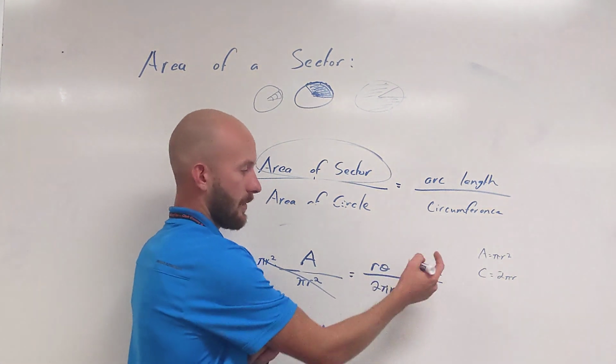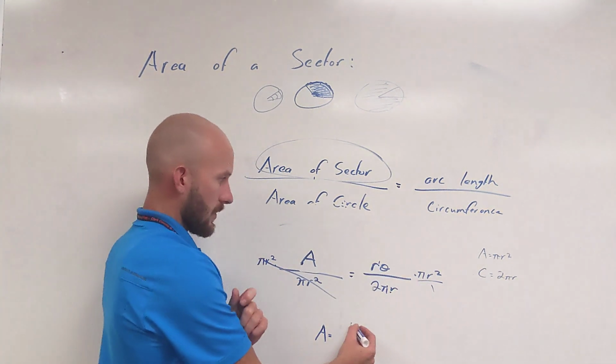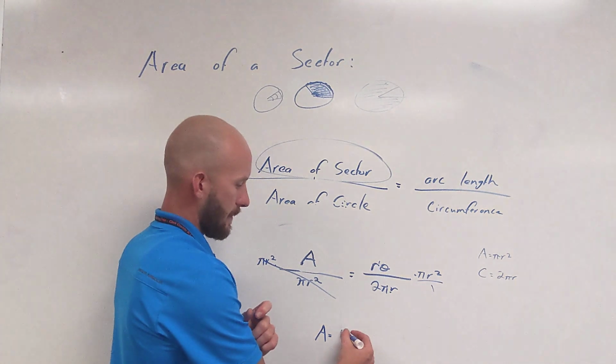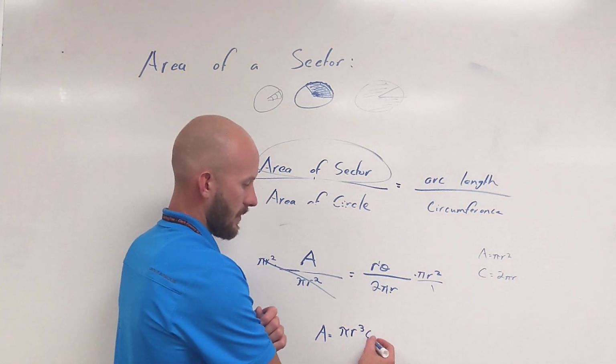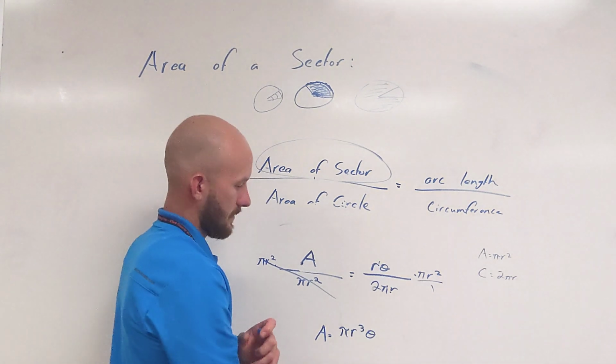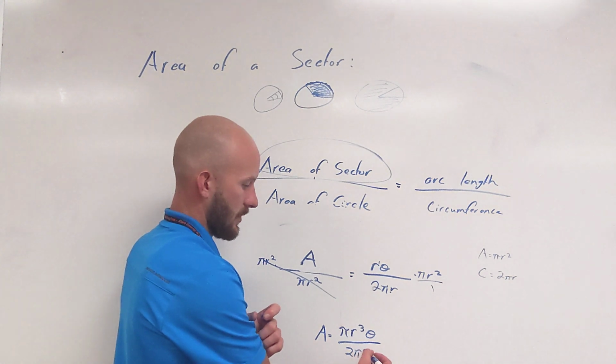When I multiply, I add the exponents on the r's together. So this is going to be pi r cubed theta divided by 2 pi r.